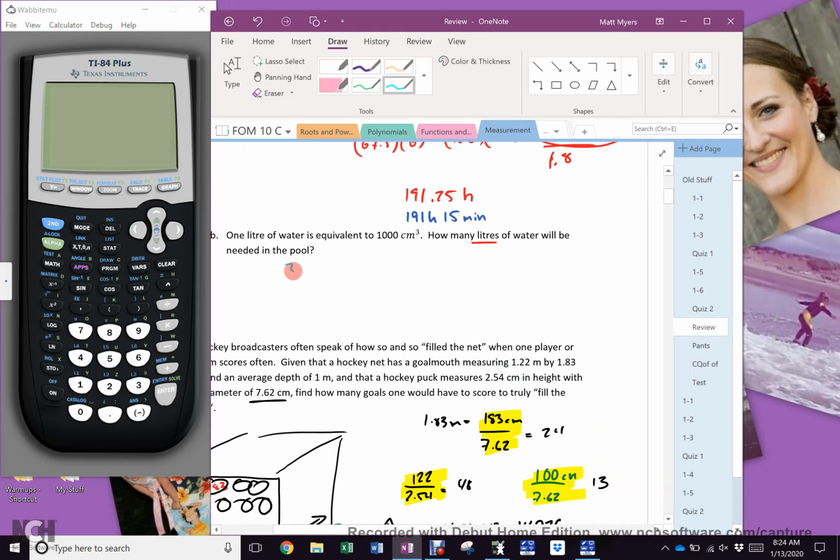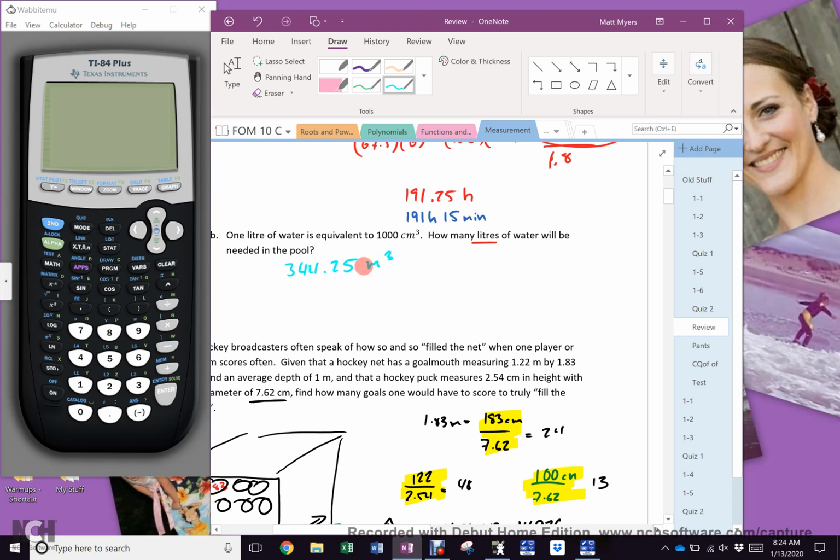I have 344.25 meters cubed. So I need to convert that to centimeters cubed. Now, we talked about this on a previous page. If I am converting cubes, how many times do I need to convert? 3 times, 1 for each dimension.